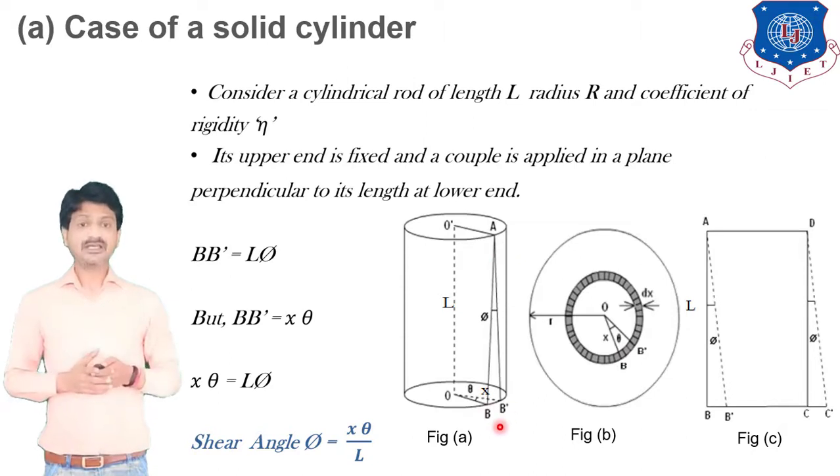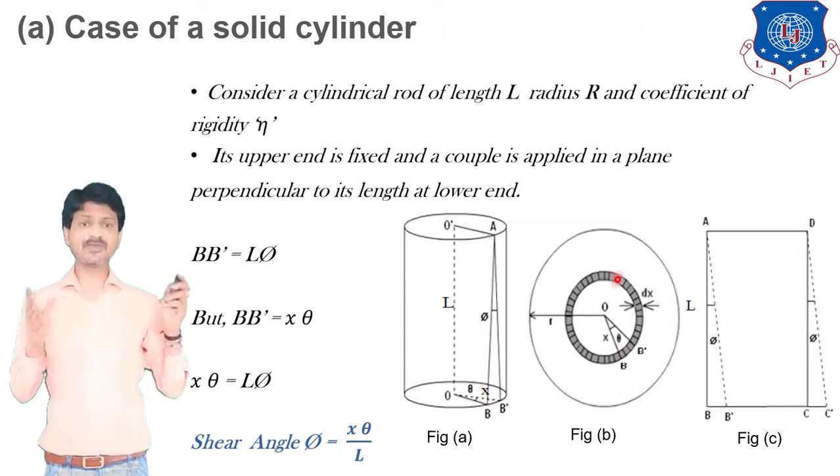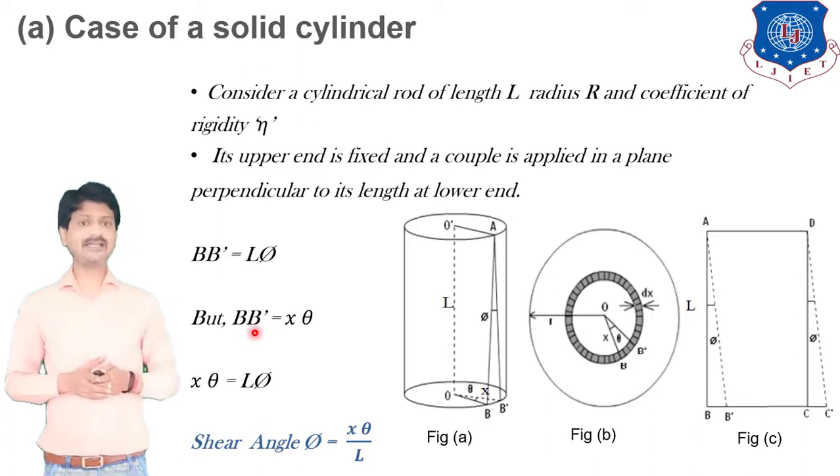Now, it is clear from figure B that BB dash equals x theta, because we know that arc equals the product of angle and radius. So here BB dash is the arc, x is the radius and theta is the angle.